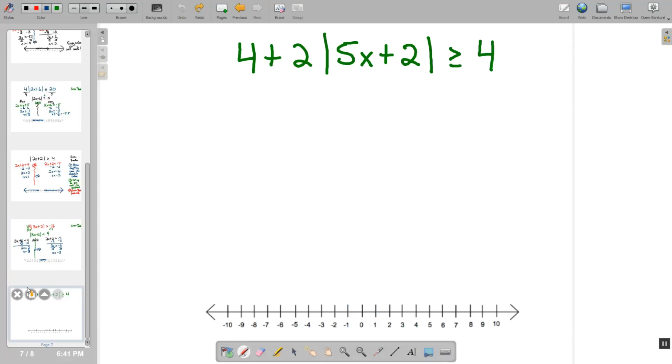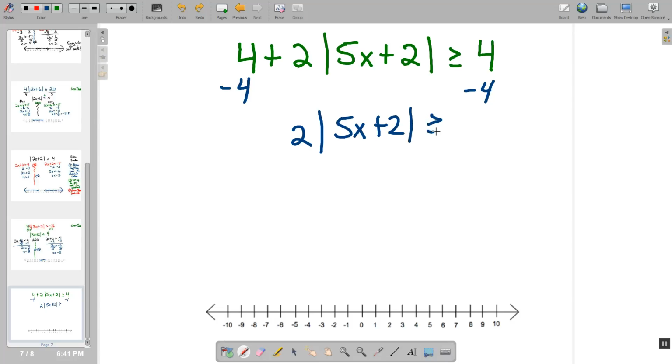For this problem, we have multiple steps to do before we can set up the positive and negative solutions. I notice right away that I have 4 minus 4, in making sure we're looking at the number in front. So I get 2 absolute value of 5x plus 2 is greater than or equal to 0. So I see a 0 here that's a little bit different.